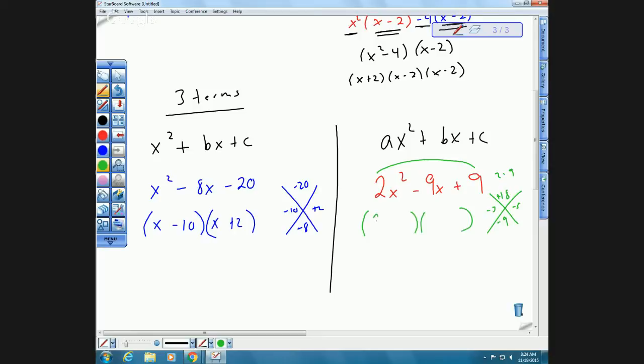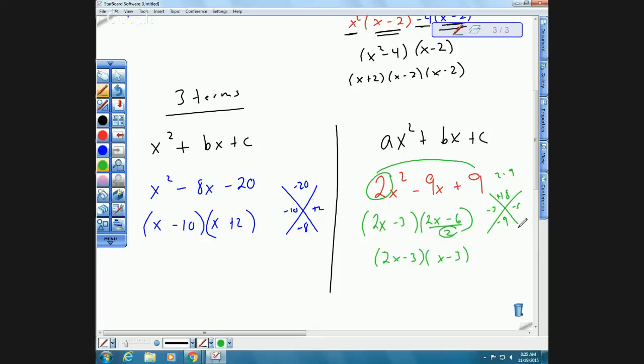So if you're doing it my way, you do 2x in both spots, minus 3 and minus 6. And then you can divide this one by 2. So you get 2x minus 3 and x minus 3. And again, you multiply by 2, so you divide by 2.